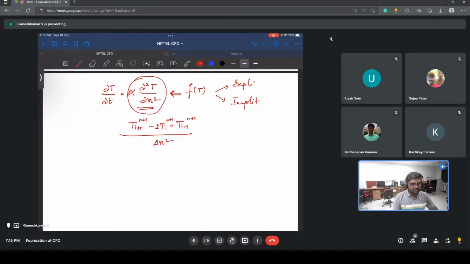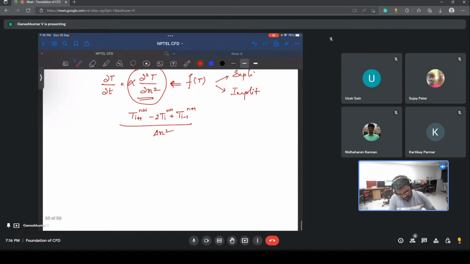These are the starting steps of time integration schemes, and there are a few more schemes. For the term we have, to get n plus 1 they can evaluate using n and n minus 1.